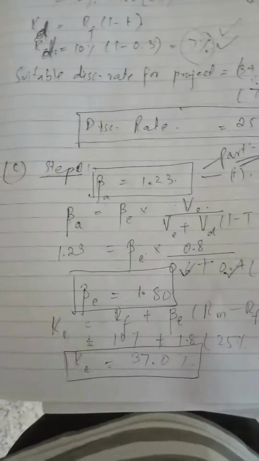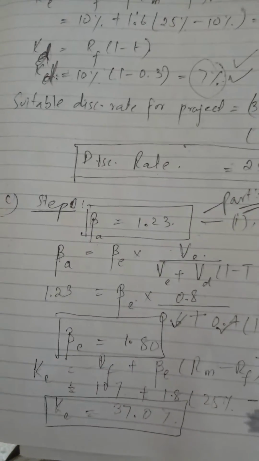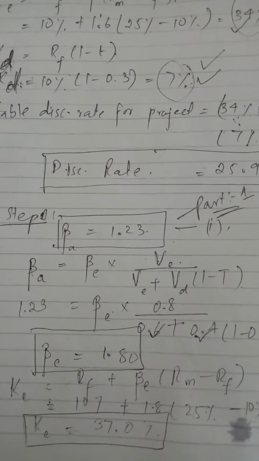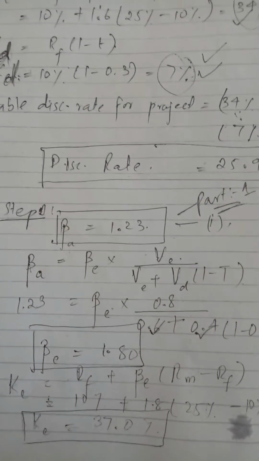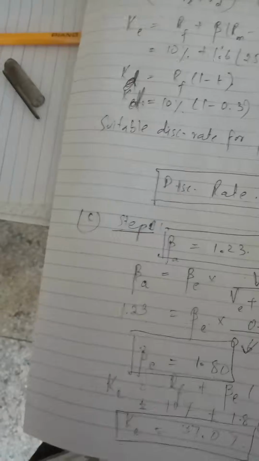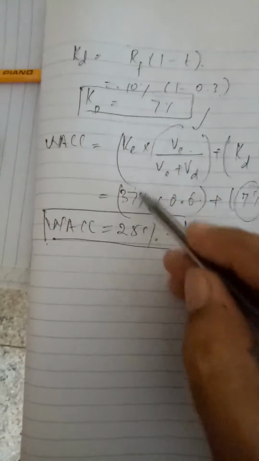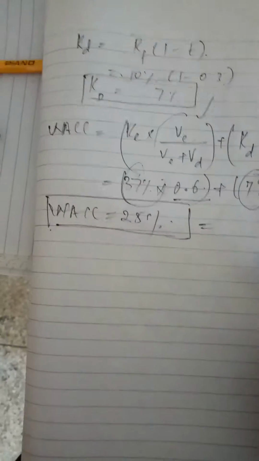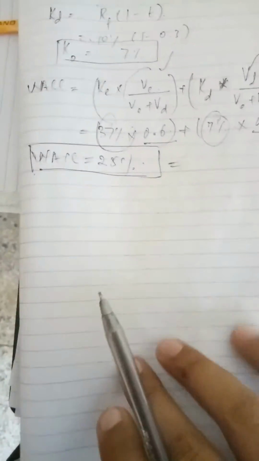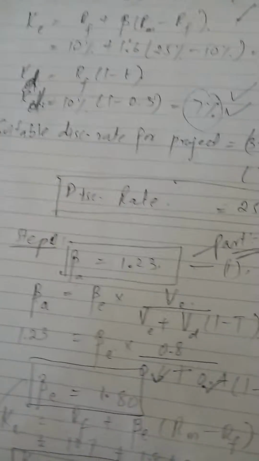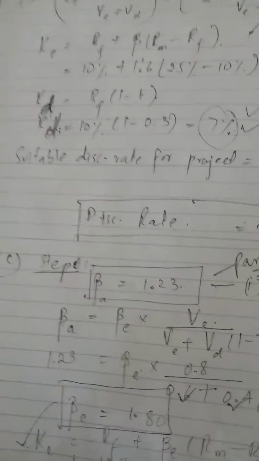We have also calculated beta of equity, KD, and KE, and afterwards, this is KE and this is KD, putting in the values, 37% and 7%, with 60% of equity and roughly 40% debt. Putting in the values in total, you will be able to find the whole discount rate.